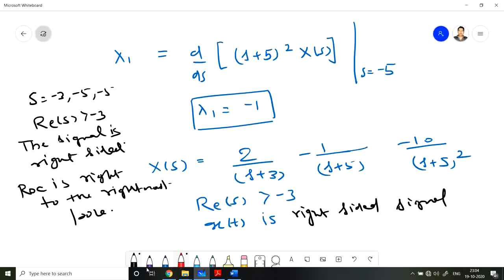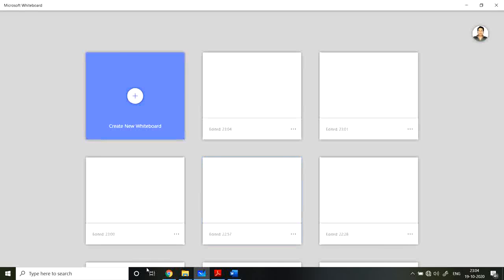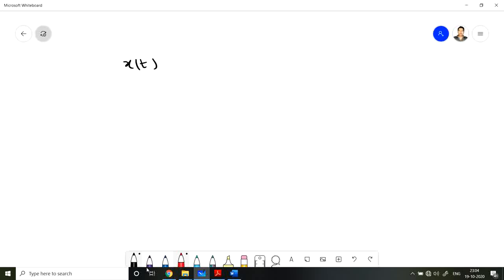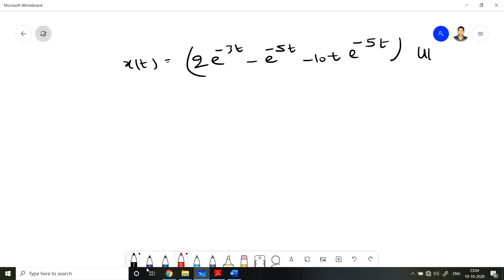So the solution is x(t) equals 2 e raised to the power minus 3t, minus e raised to the power minus 5t, minus 10t e raised to the power minus 5t, multiplied by u(t).